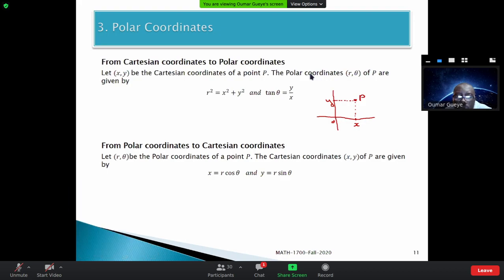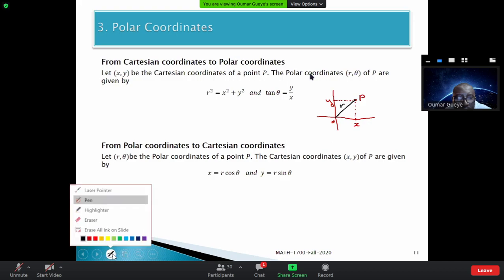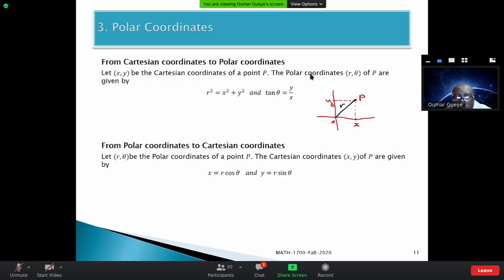This is going to be your R: as we did before, R is the length of the segment joining O and P. And theta is going to be the angle joining the horizontal line and the segment OP, by taking the positive direction. This is your angle theta.